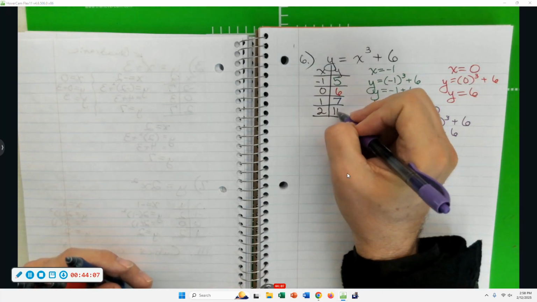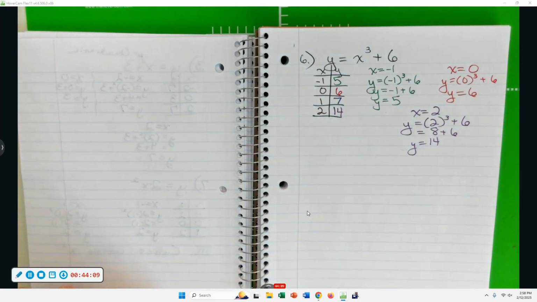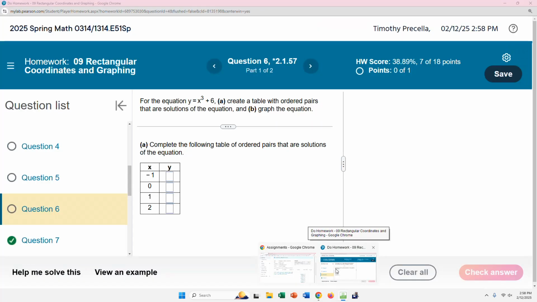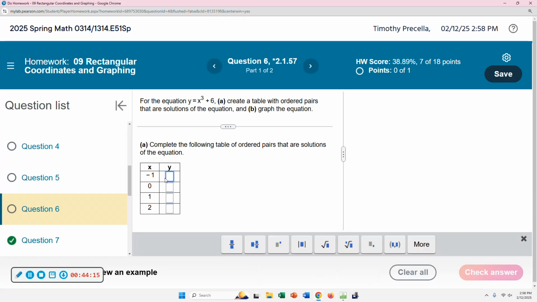Let me look back at that little screen. Oh, wait, they haven't shown us the graph yet. Okay. So what was it? 5, 6, 7, and 14. For a moment, if an equation represents a line, when you increase your x value by 1, the y value is increased by the same amount each time.